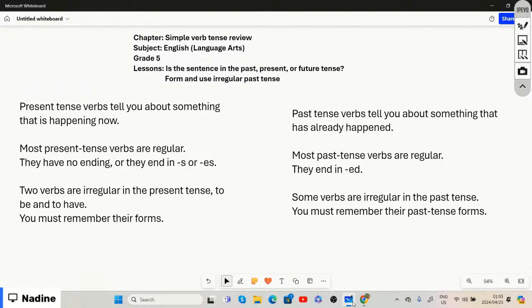And the lessons that we are going to be focusing on are: the sentence in the past, present, or future tense? And to form and use irregular past tense.